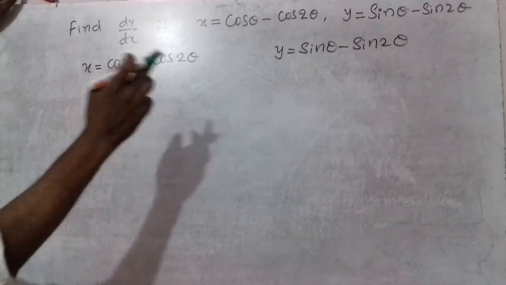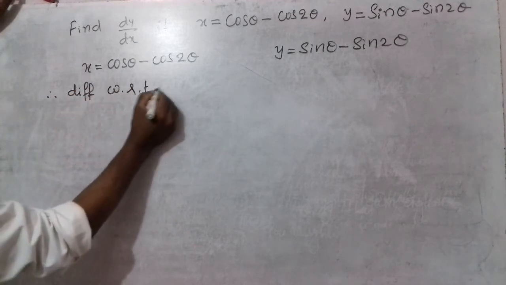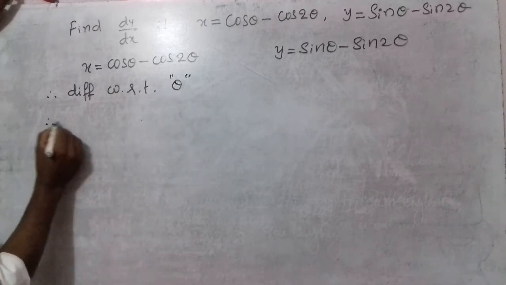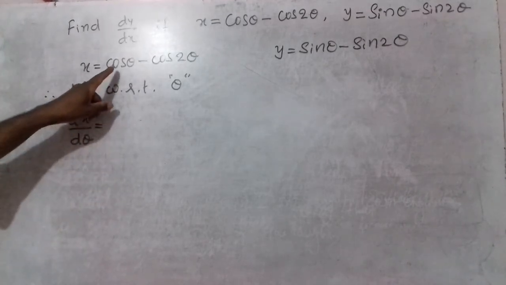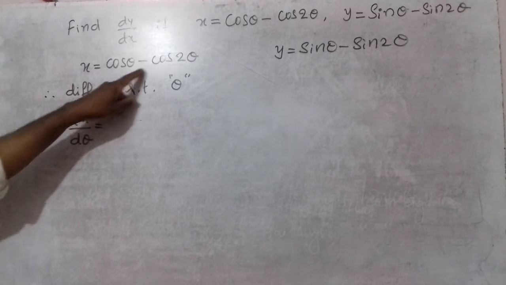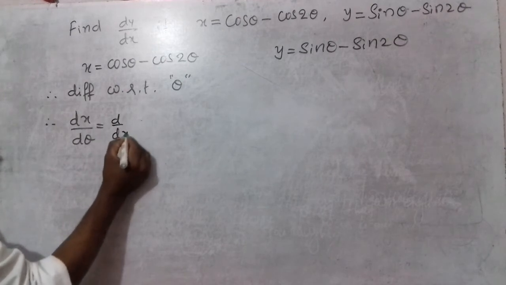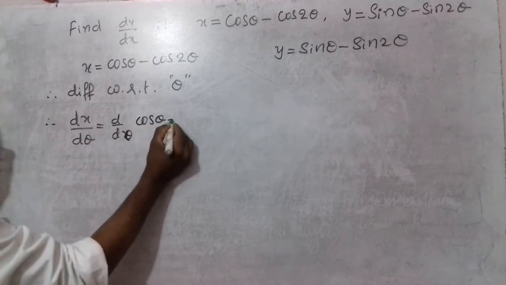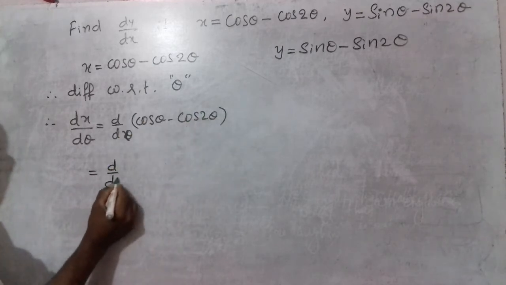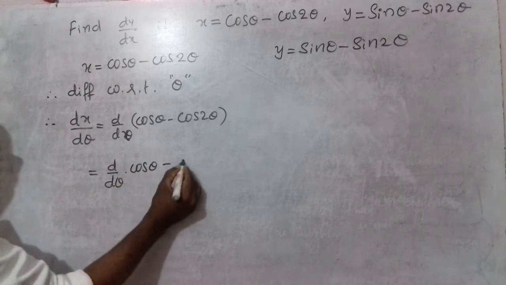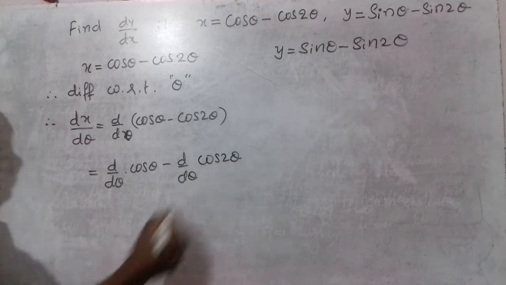So the common parameter is theta, therefore differentiate with respect to theta. dx by d theta equals d by d theta of cos theta minus cos 2 theta, which equals d by d theta of cos theta minus d by d theta of cos 2 theta.